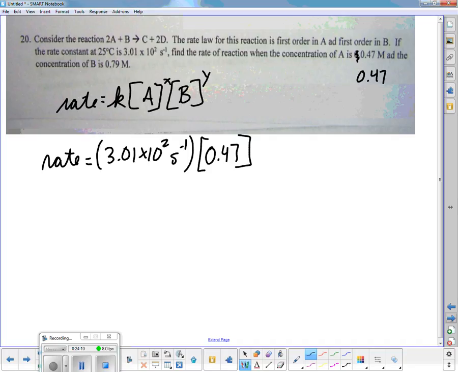And then we've got B is also first order, so we're going to times it by 0.79. And remember, both of these are molar. And so all we have to do is plug it through. Plug and chug. 3.01. Where's the E? There's the second E. Good. To the second.